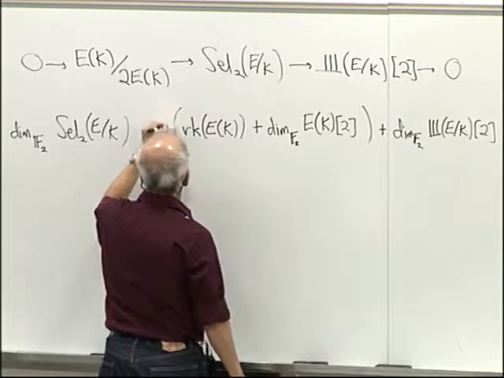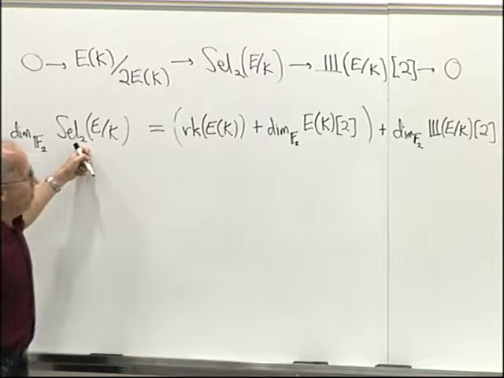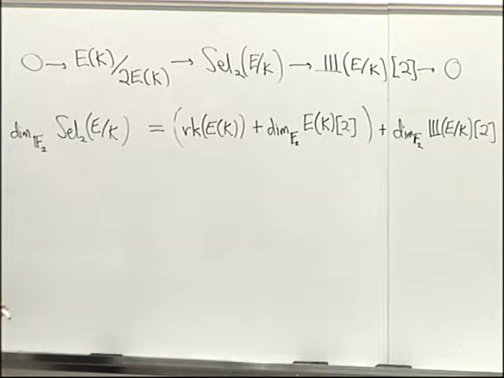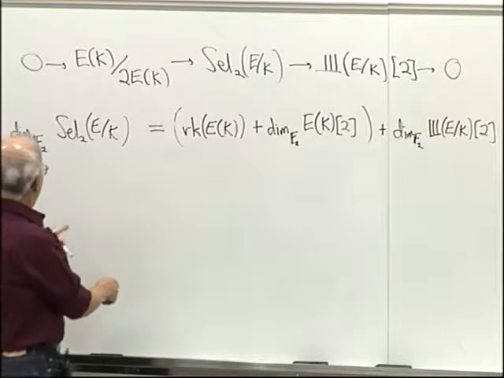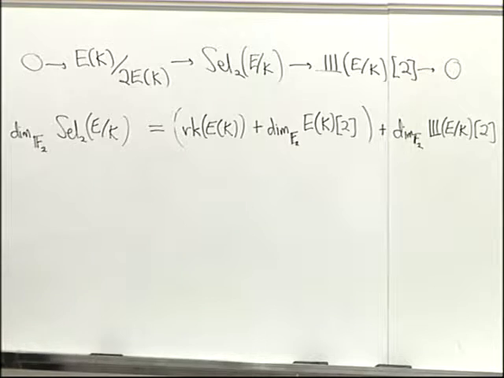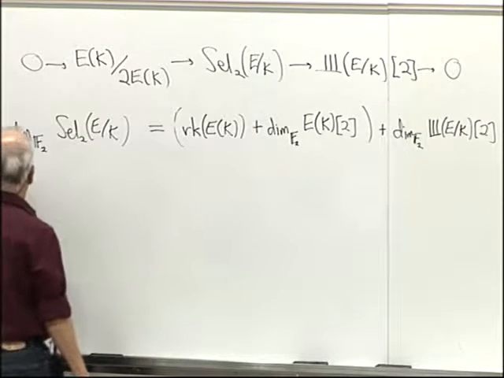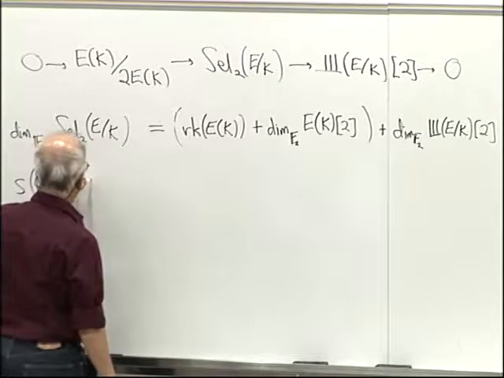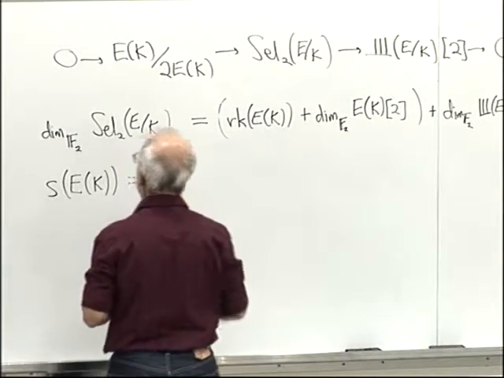But if we want to bound the rank, here certainly we have an upper bound for the rank. But to make the later comments come out simpler, I want to look instead of just this dimension, I want to take this dimension and subtract the dimension of the 2 torsion from it. And so I'll define that. I'll just define S of E over K to be this modified 2 Selmer rank.